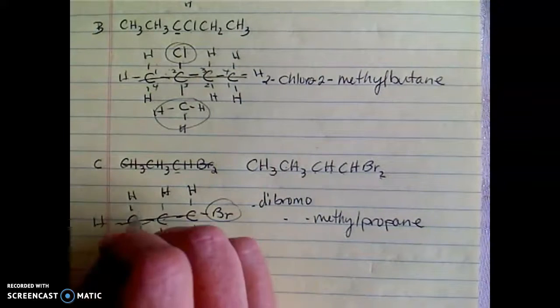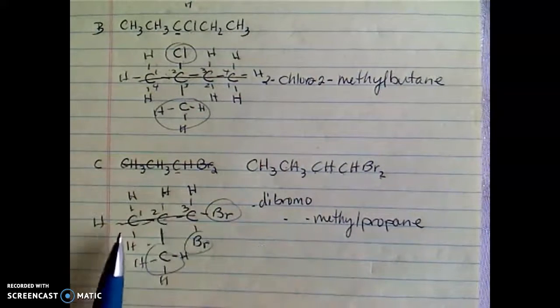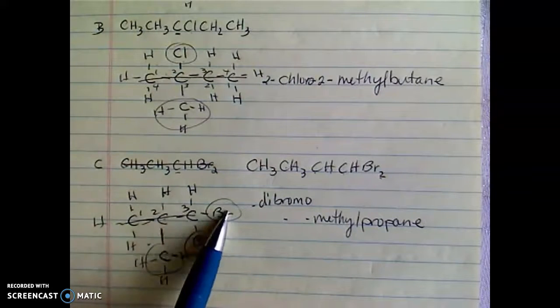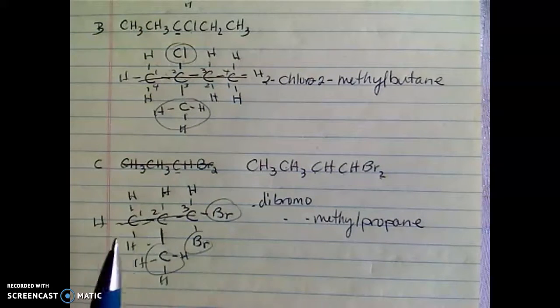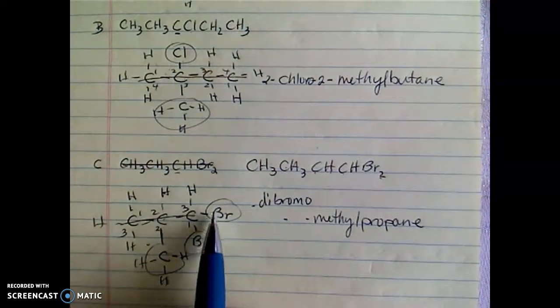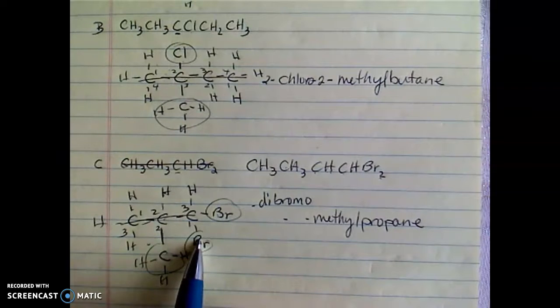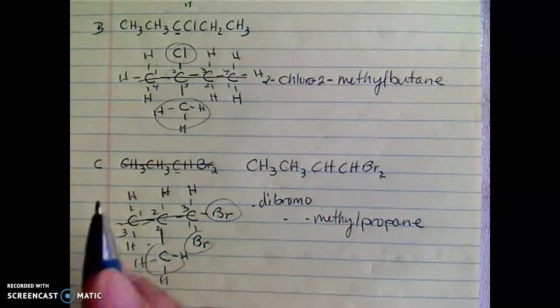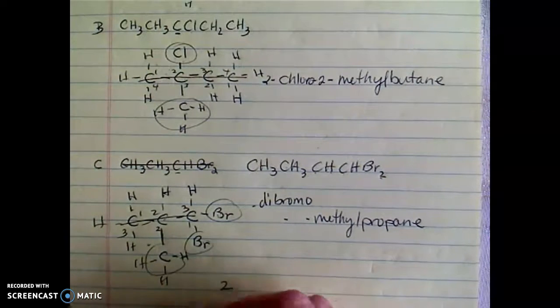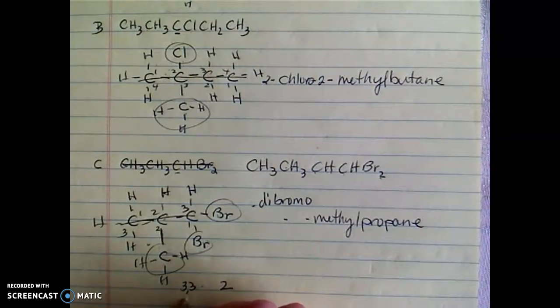So we could go 1, 2, 3, and we could say 2-methyl, 3,3-dibromo, or we could go 1, 2, 3, and I could go 1,1-dibromo, 2-methyl. So once again, it could be 2, 3, 3, or a 1, 1, and a 2.